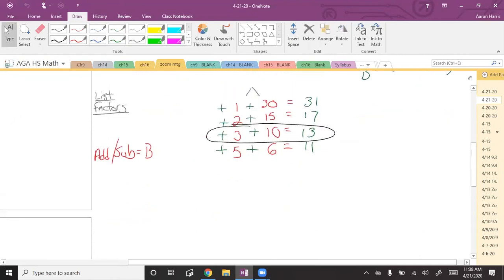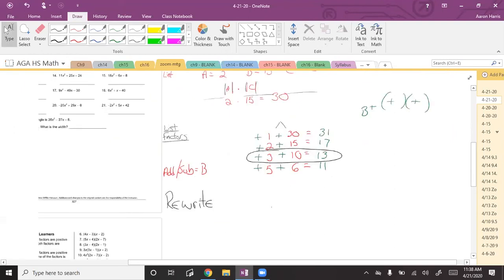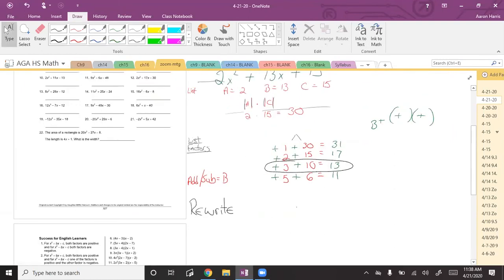Before, we would sit there and put them in binomials. But because A is bigger than 1, we need to rewrite the problem. So what was our original problem? It was 2x squared plus 13x plus 15.